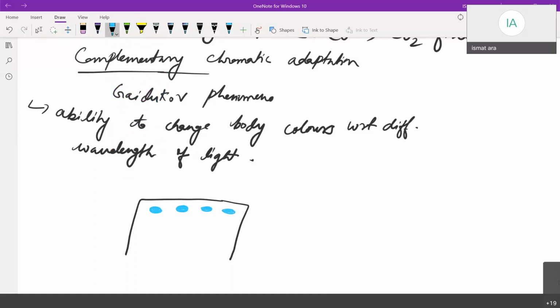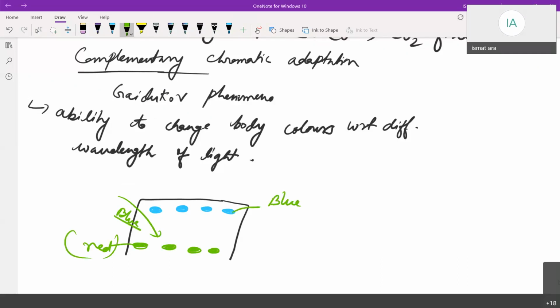But at the bottom, the cyanobacteria present are red in color. I didn't get a red color, so I'm drawing it with green. They are red in color. So they are absorbing blue wavelength light.